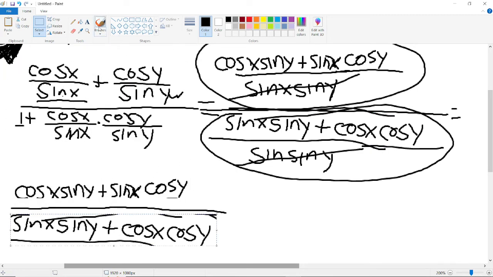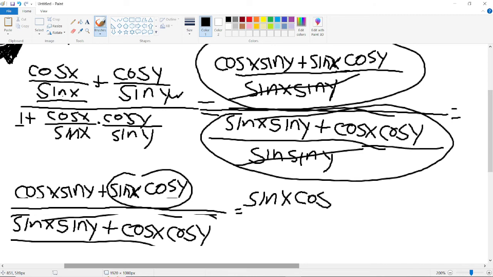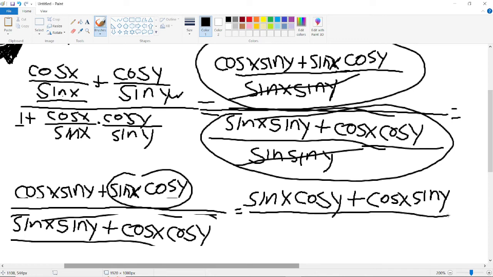Does that look familiar to you? What's on top? That's sine x plus y. If we put this one first, we can write them in any order: sine x cosine y plus cosine x sine y, divided by, and I'll put this one first, it doesn't matter because they're plus, cosine x cosine y plus sine x sine y.